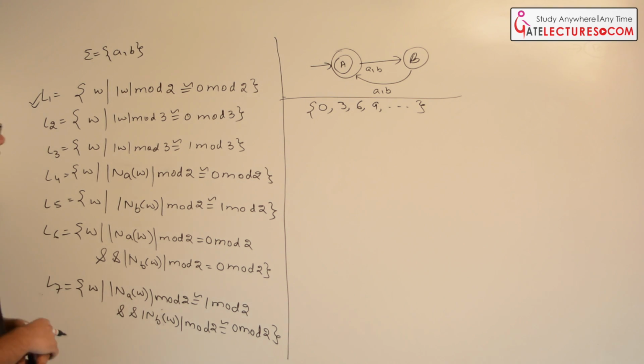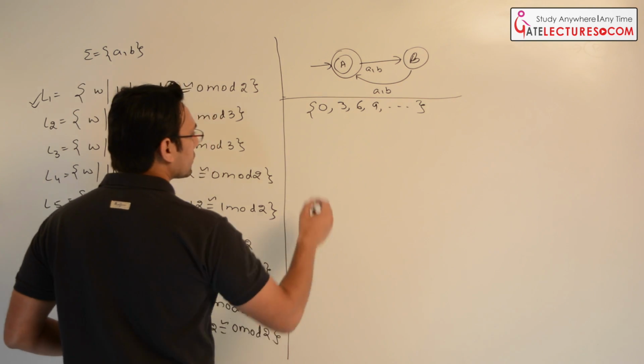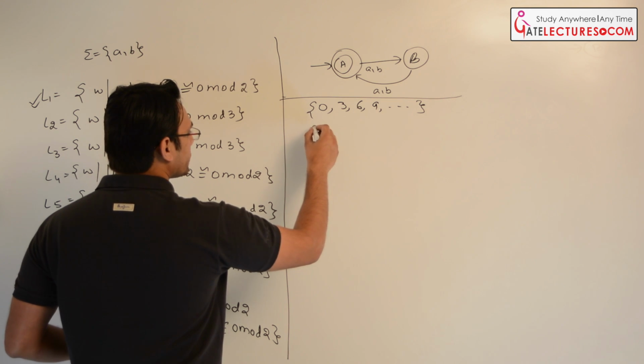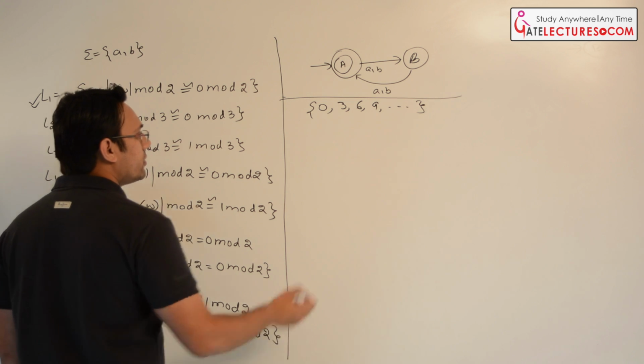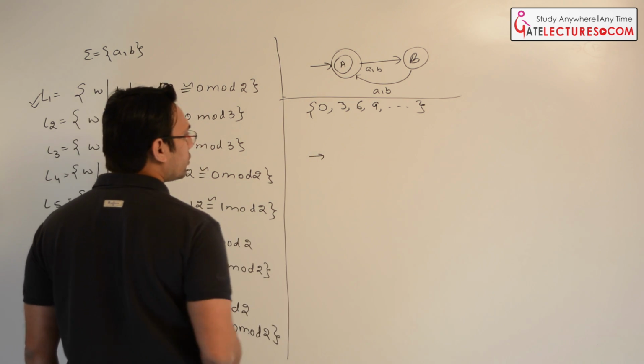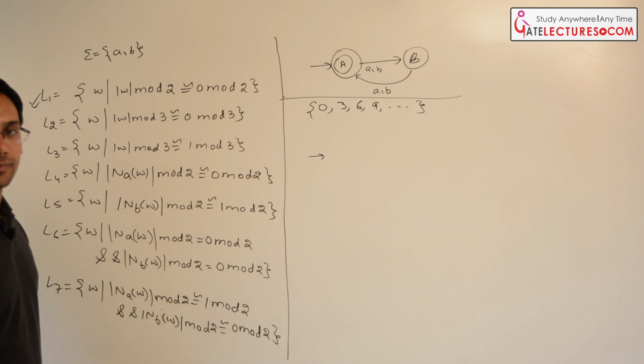Fine. So for this L2, what are the strings which can be present? Strings can be of length 0, 3, 6, 9 and so on. So we have to have 3 states. Why are we going to have 3 states?